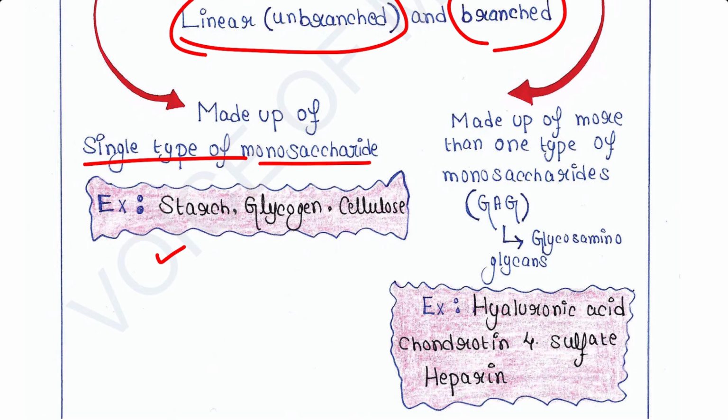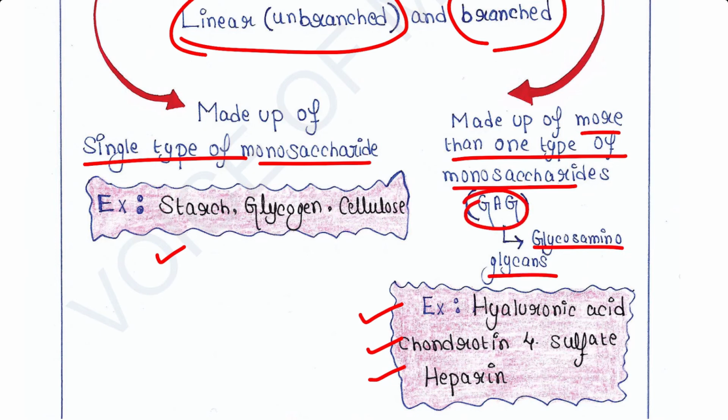Heteropolysaccharides are made up of more than one type of monosaccharide. Example: hyaluronic acid, chondroitin 4-sulfate, heparin, etc. They are also called glycosaminoglycans or GAG.